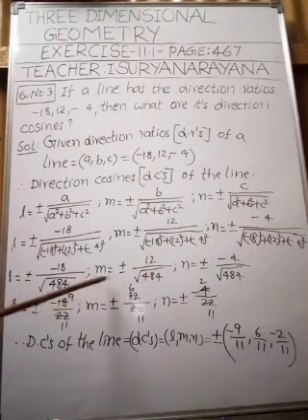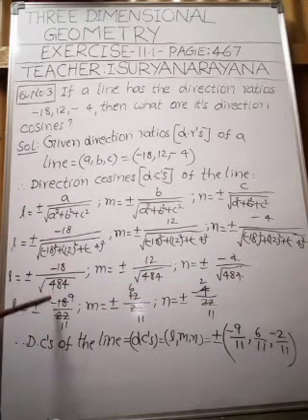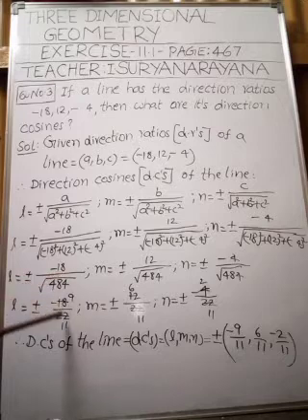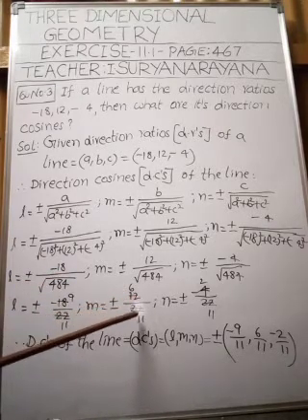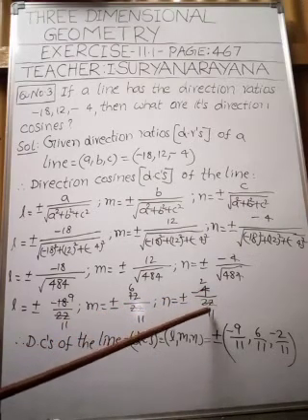Understood this step? Right. What is the square root of 484? 22. Yes or no, my children? So l is equal to plus or minus 18 by 22, m is equal to plus or minus 12 by 22, and n is equal to plus or minus 4 by 22.